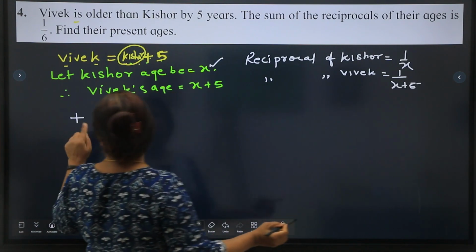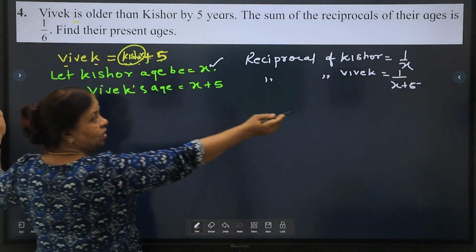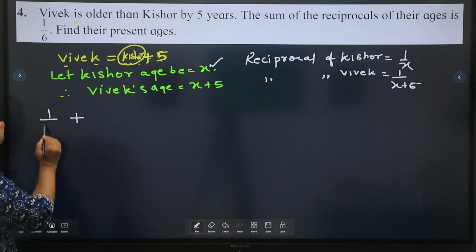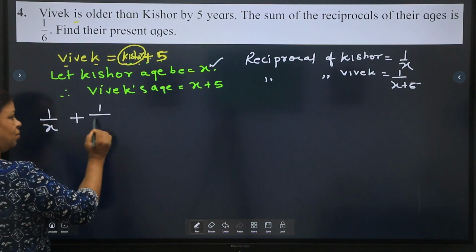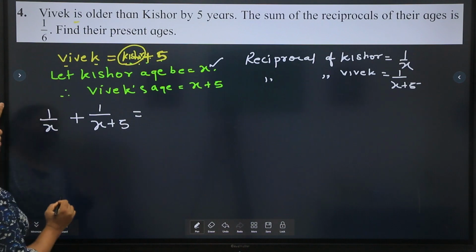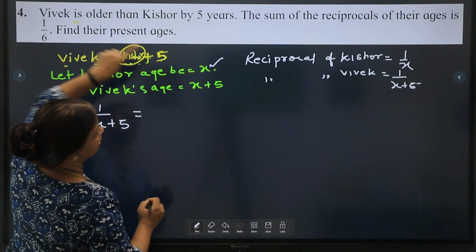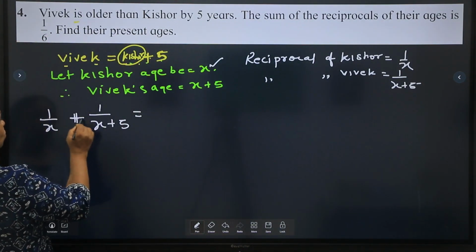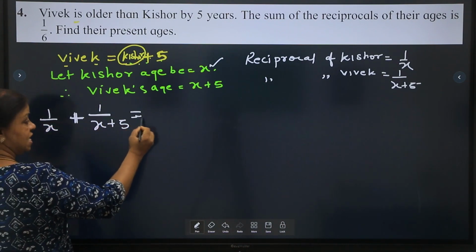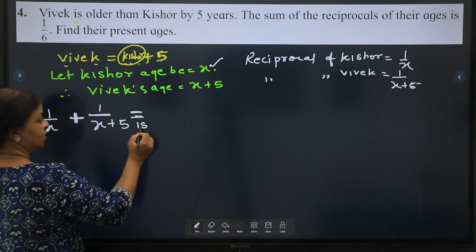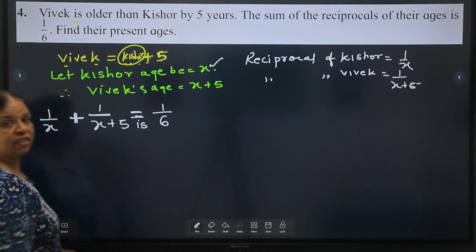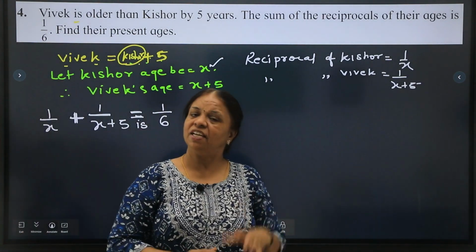What is given? Sum of the reciprocals of their ages. So, 1 upon x plus 1 upon x plus 5 is how much? Is 1 upon 6. See, sum of reciprocals of their ages is equal, means is, children, is how much? 1 upon 6. Now you got the condition and you can solve this one very easily now.